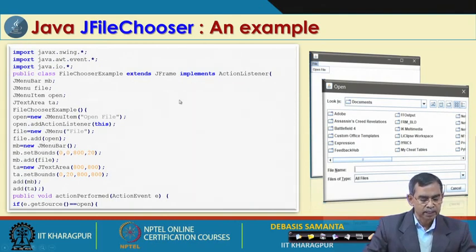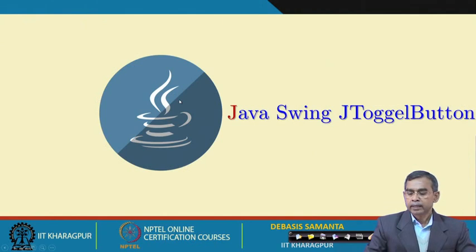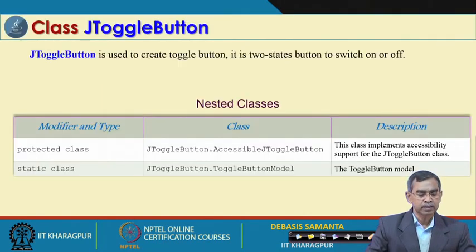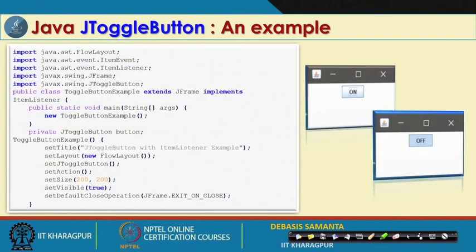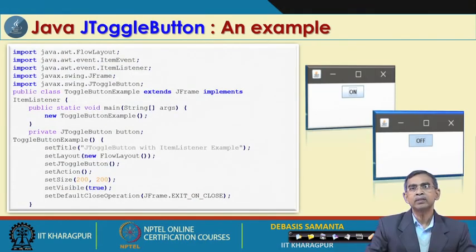And JToggleButton, it is also a button, but the difference is that it has only toggling, either on, off, or open, close, or male, female, this kind of thing. So, it is a binary pattern. It has 2 constructors, many methods, and here is an example. As you see, we have created one button and it has 2 states, on and off.